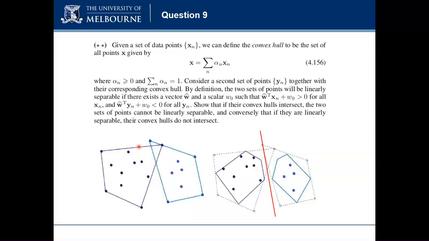Then you get all the points spanned by these convex hulls. So for the blue points and the black points, I can have alpha n's and beta m's, for example. The second set of points will be the blue ones, and then I can define the convex hull. This is a bit of a flawed picture, so it is not a proper convex hull here. Ignore it for now. Assume that there are points in the corners. All right, so on the right-hand side.